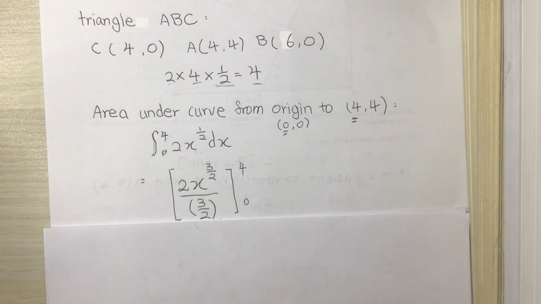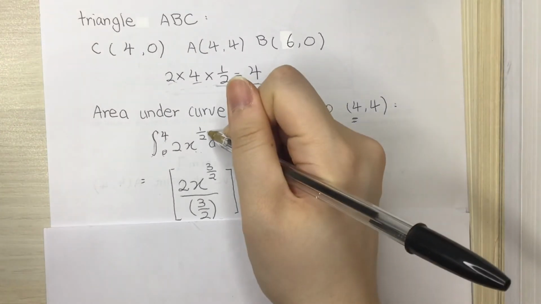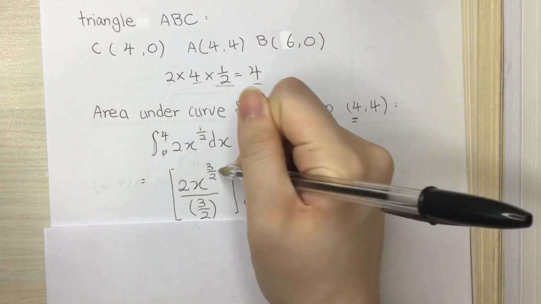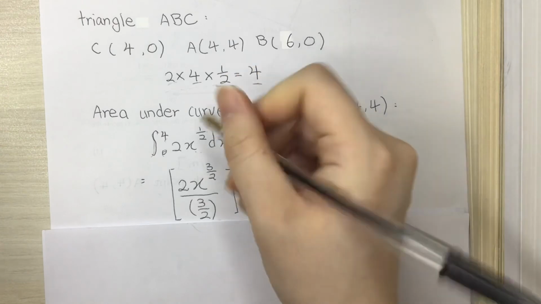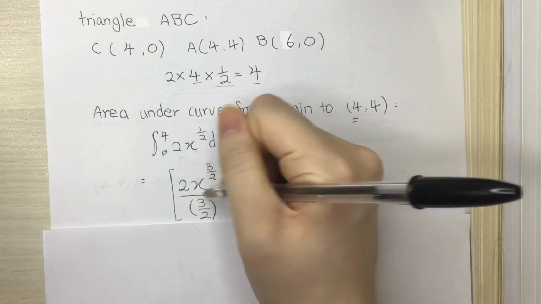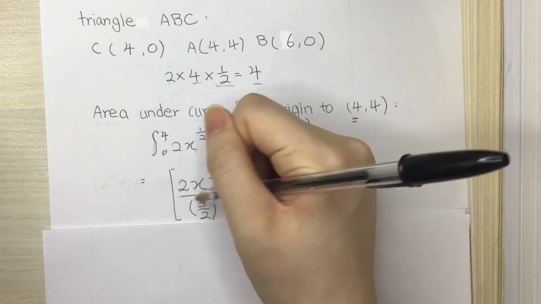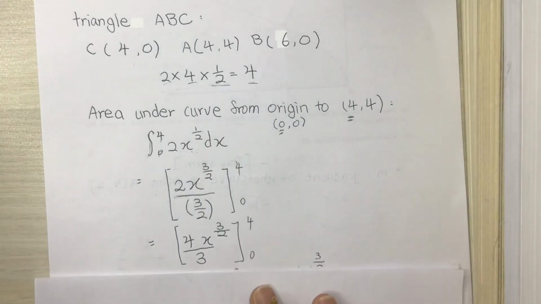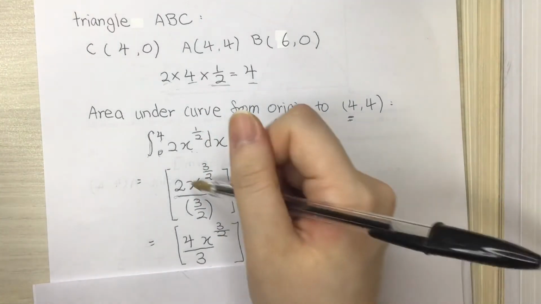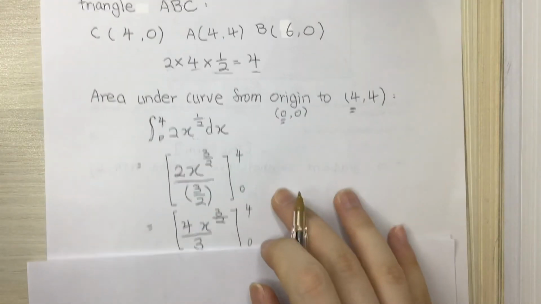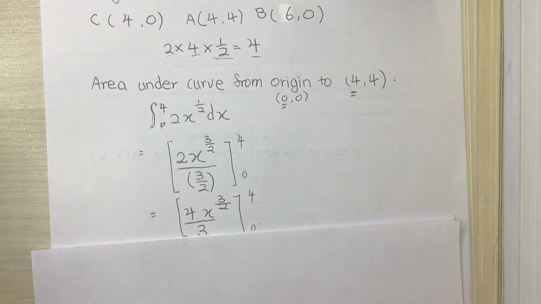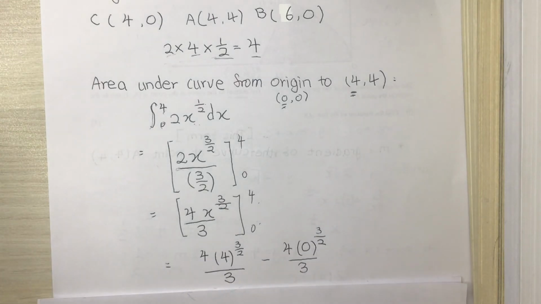You may check whether you have integrated correctly. To integrate, all you have to do is add 1 to your power, in this case it becomes 3/2, and then you put your 3/2 at the bottom of the entire expression here. In other words, you divide by 3/2, and then you simplify your equation first before you substitute your numerical values into the x.